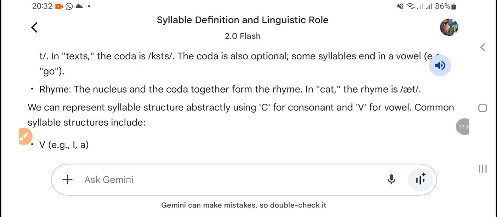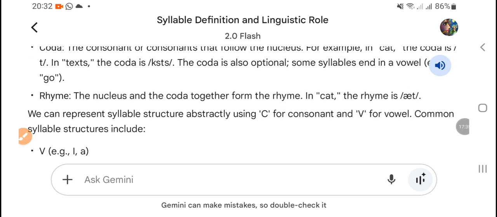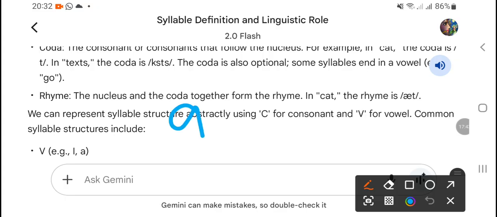Now, the coda is also optional. Some syllables end in a vowel, for example go, right? When we say go, there is no consonant in case of go, right?